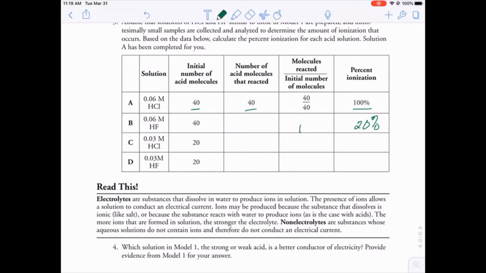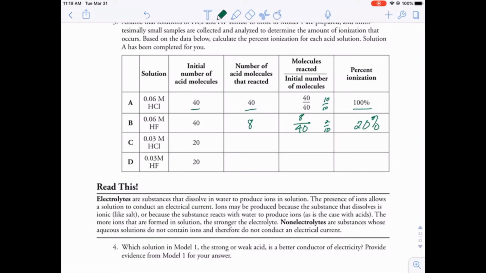So if we've got 40 to begin with, 10 out of 10 react here, right? And 2 out of 10 react here, so we can just multiply those by 4. 2 times 4 would be 8 out of 40, so we would have 8 reactions.